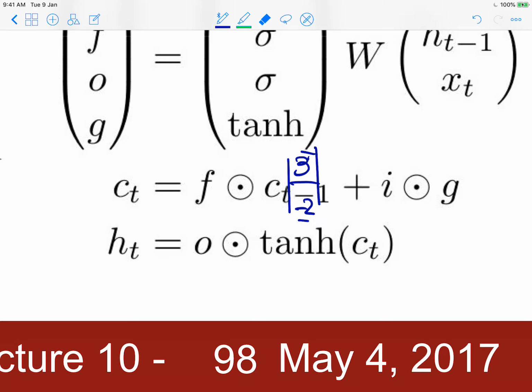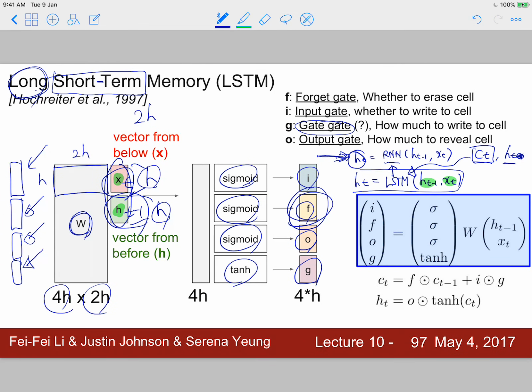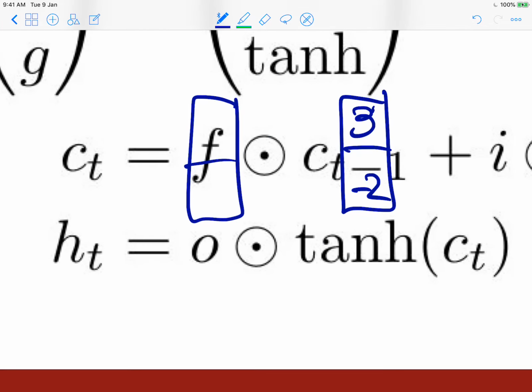And then the forget gate is the sigmoid output from this second vector, so each of the outputs ranges from 0 to 1.